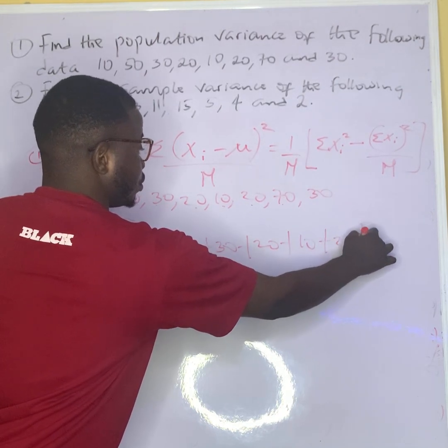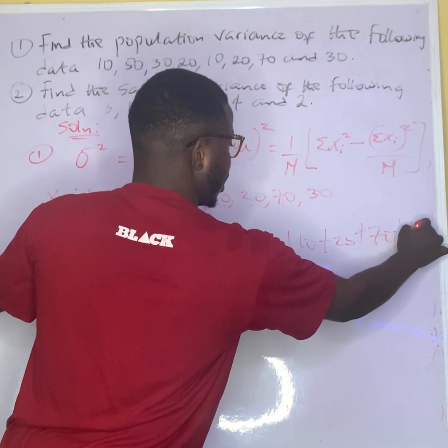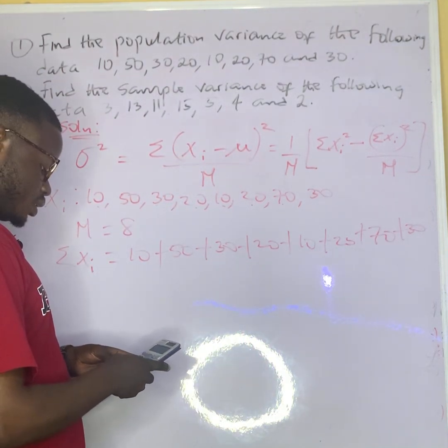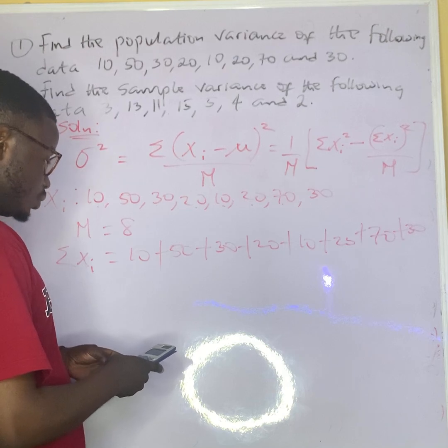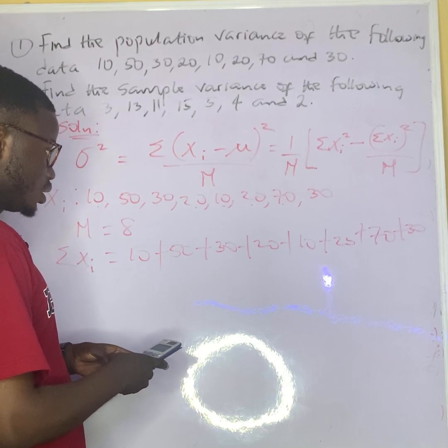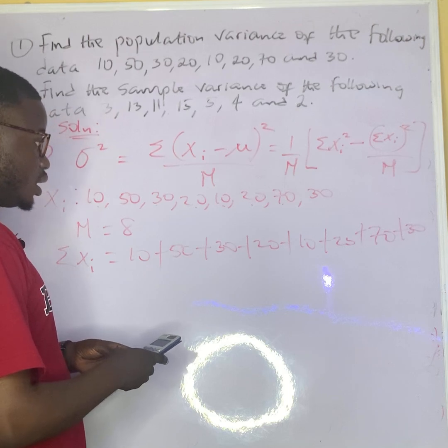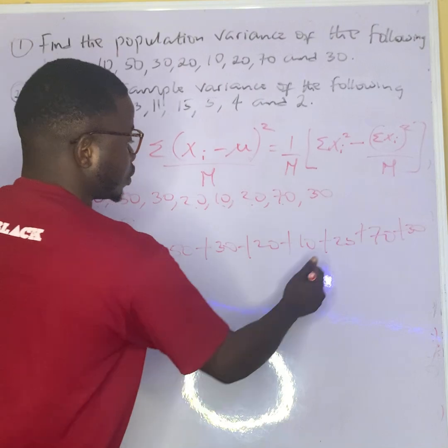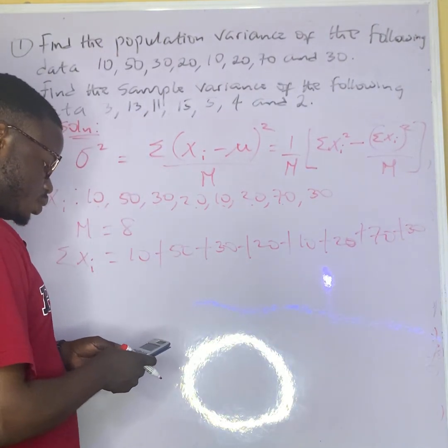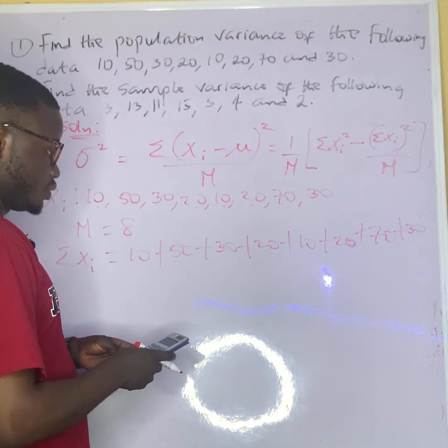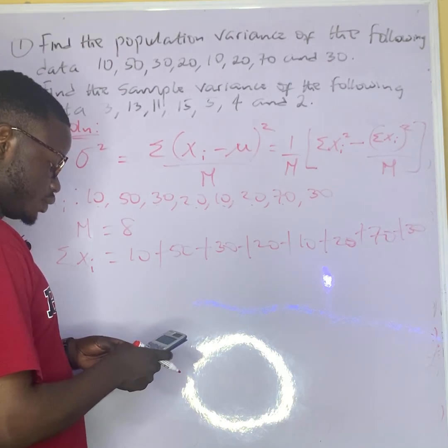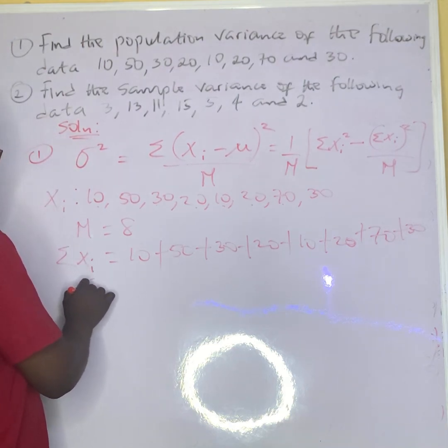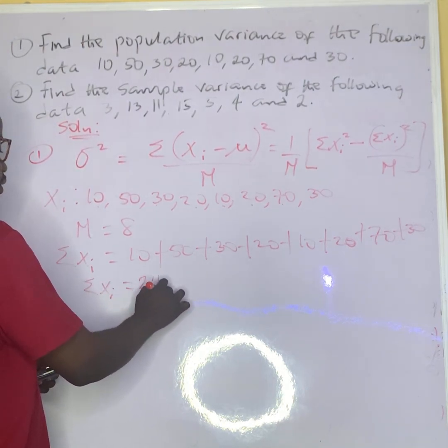So we need to find the sum of everything: 10 plus 50 is 60, plus 30, 20, 10, 20, then 70, and 30. So that's 240. So summation xi is equal to 240.